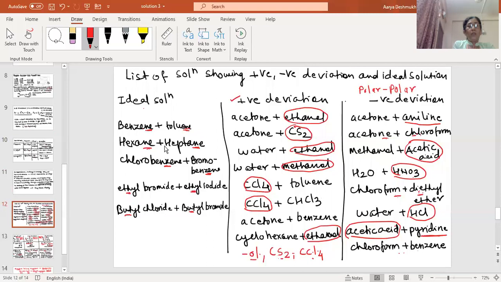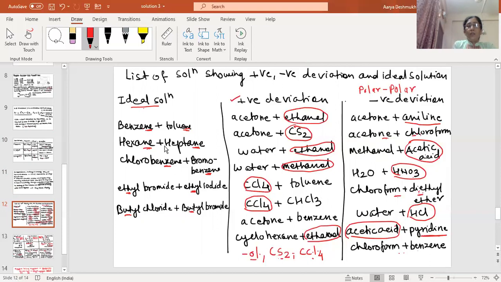So if you mix solvents of the same polarities, there is quite a chance that they might behave ideally. If the solutions show positive deviation, here is just a hint for you: the solution is formed by mixing acetone with ethanol, acetone with CH2, or carbon disulfide.